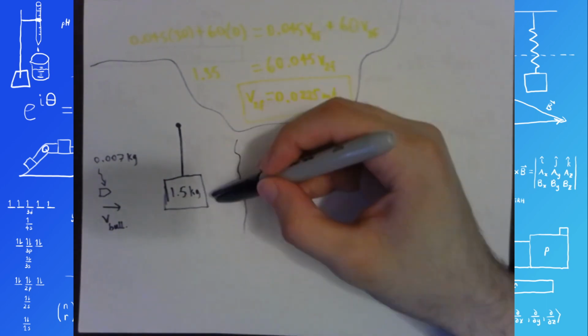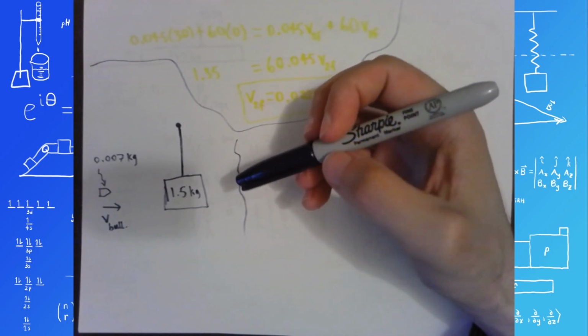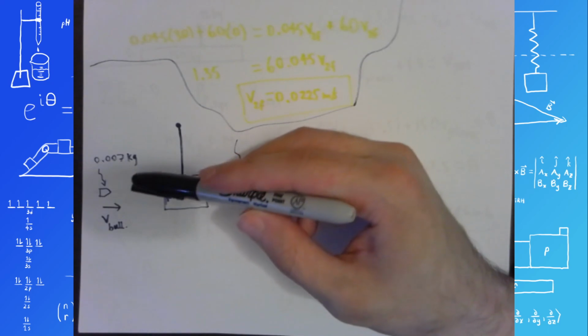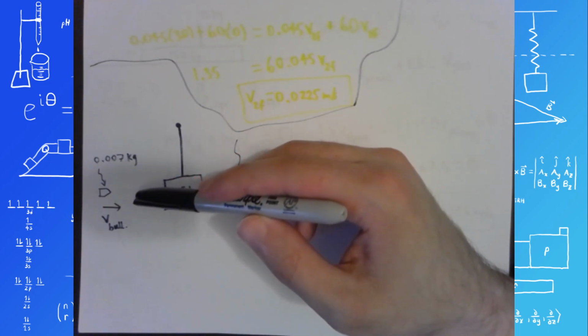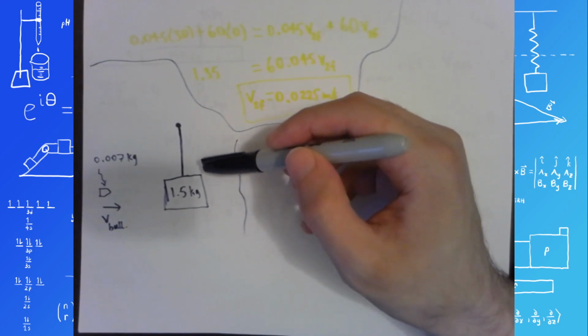Because the block gaining the energy, I know I'm probably getting way too deep into this, but the block gaining energy happens as long as it's in contact with the bullet.